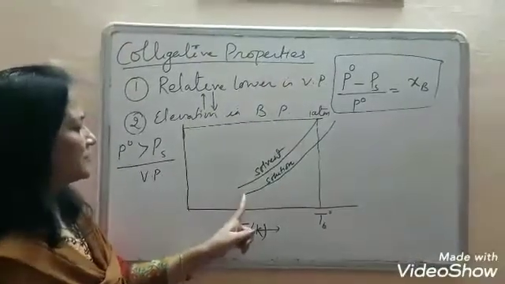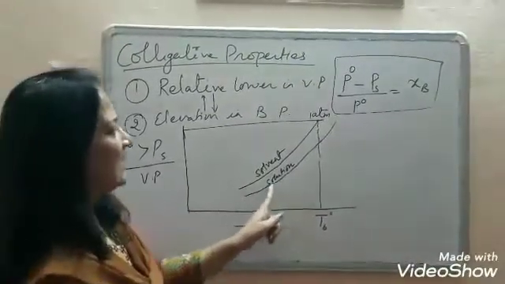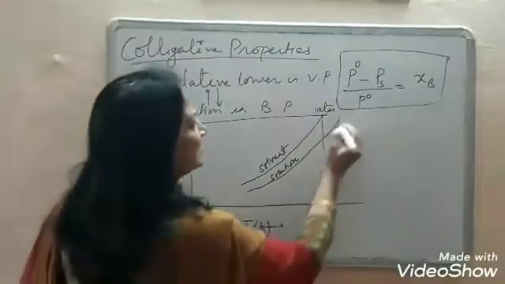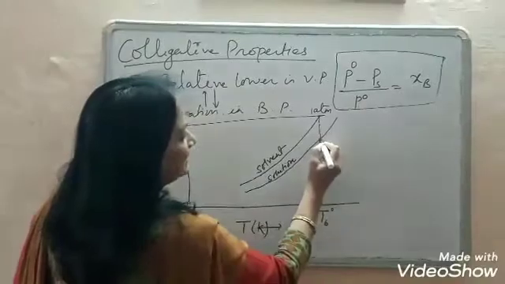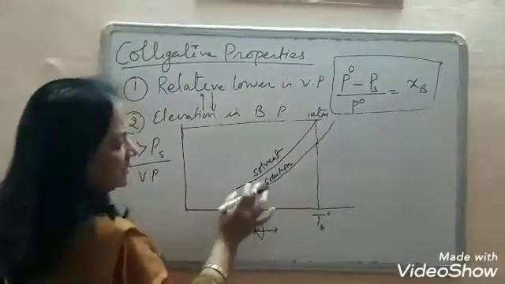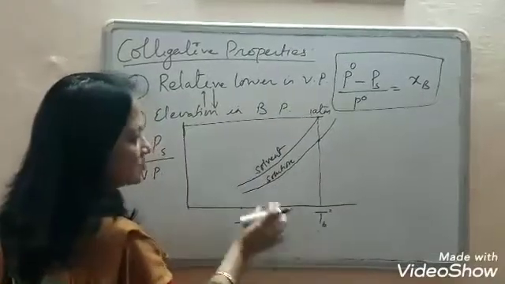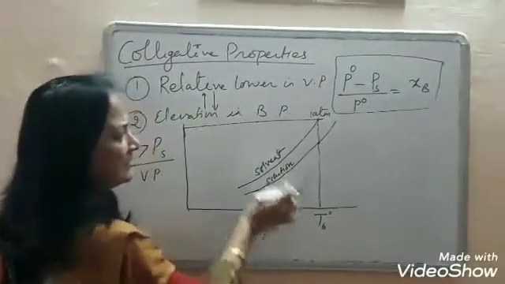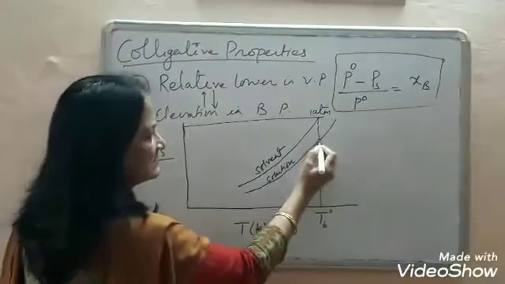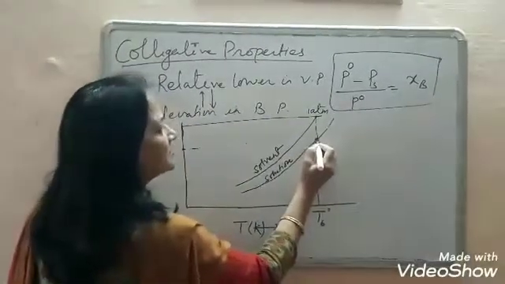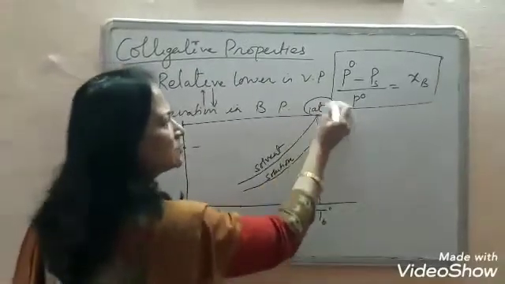The vapor pressure of a solution is always lower than that of the solvent, and when you are increasing temperature, the vapor pressure is increasing. And now see, suppose this is water, so if pure water has a boiling point of 100 degrees Celsius, when you add salt to it at 100 degrees Celsius, it does not have sufficient vapor pressure, and this vapor pressure is not equalizing the atmospheric pressure.